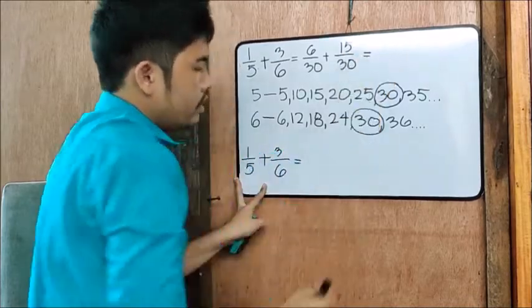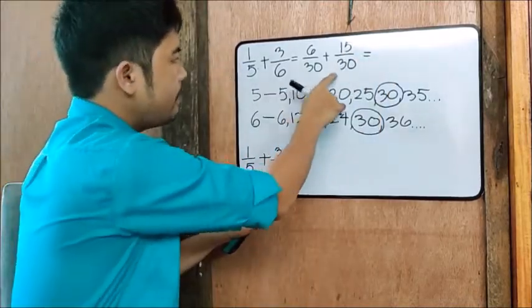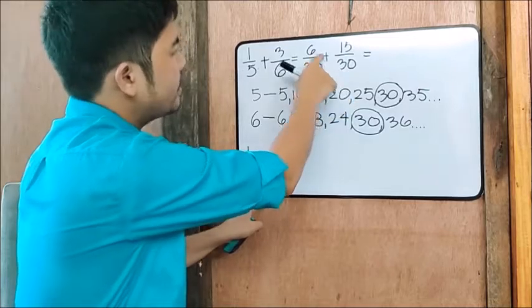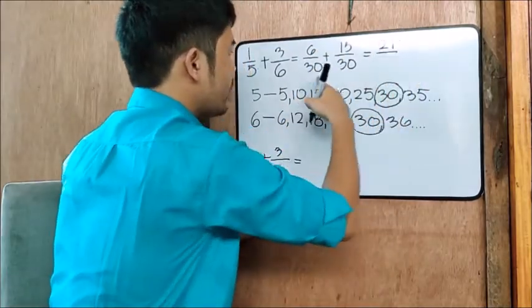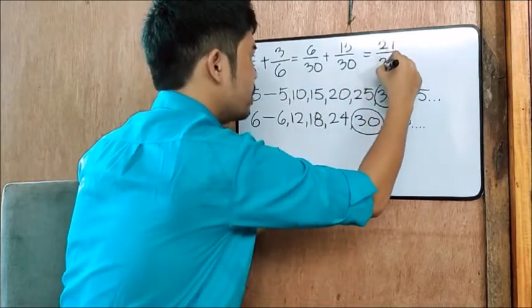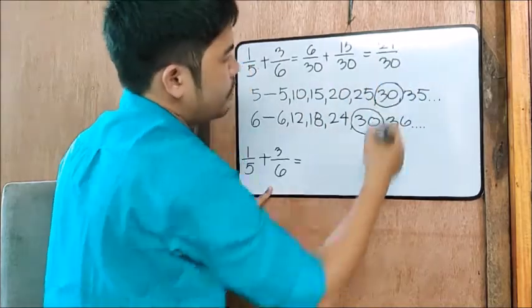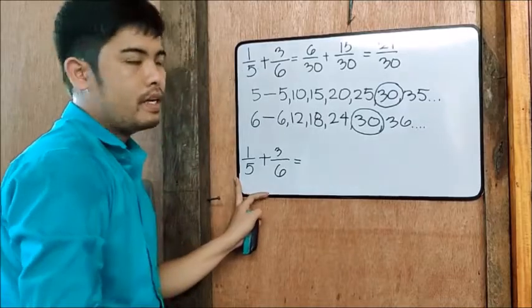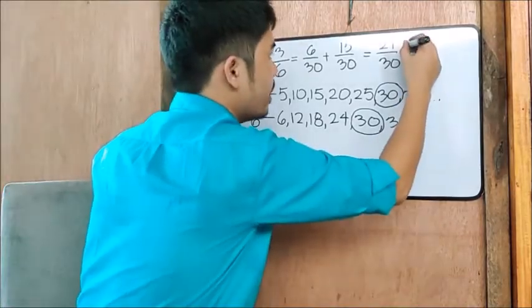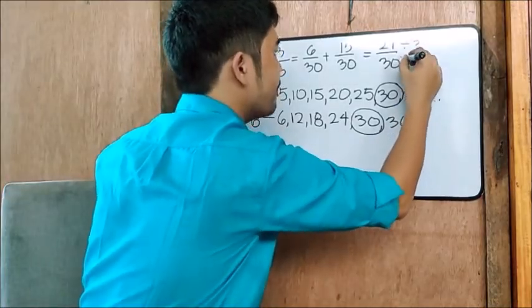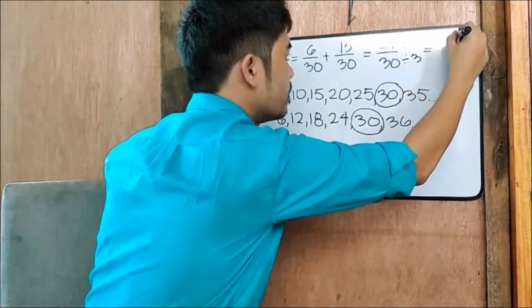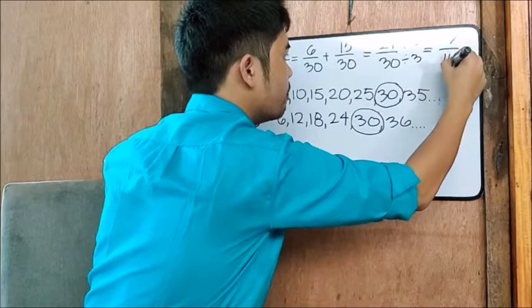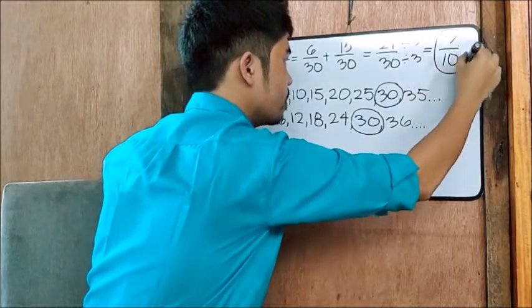Now remember, if our fractions have the same denominator, we simply add the numerators, which is equal to 21, and then we copy the denominator 30. Now 21 over 30 can be simplified by dividing both by 3. And our final answer would be 7 over 10.